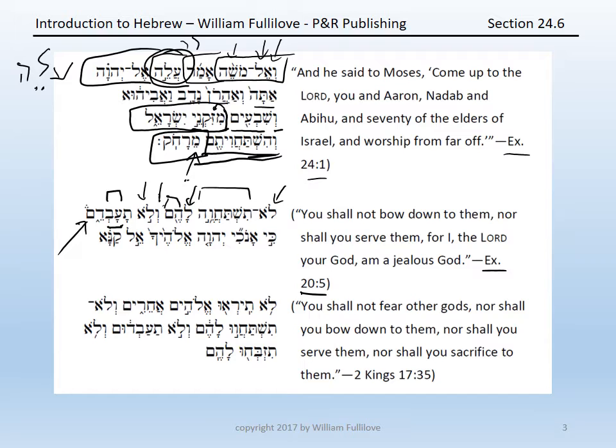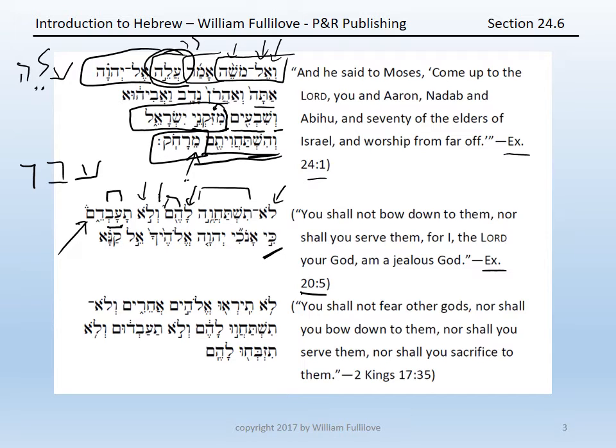So a hofal imperfect, second masculine singular of the root avad. Now you remember that avad is a root that has a sense of serving, and eved is a servant. A hofal is both a passive and in this case a causative. You shall not be made to serve them.